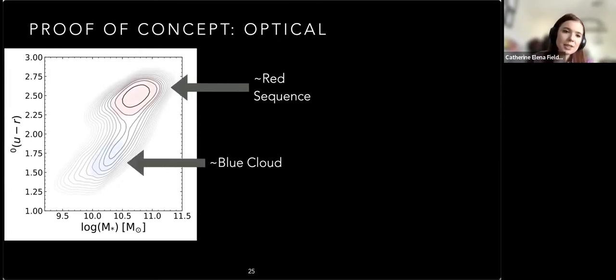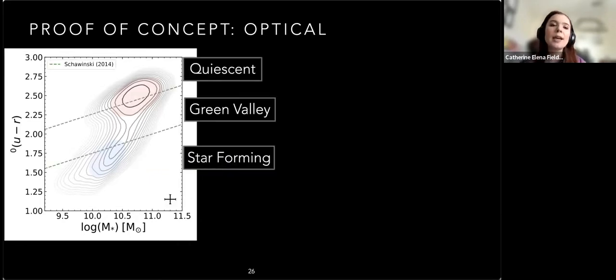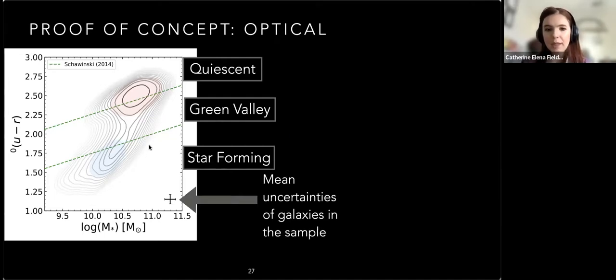For illustrative purposes, I've drawn in approximately where the red sequence and blue cloud would lie, just to help you parse the diagram. We can also draw these arbitrary lines of estimates about where star forming, green valley, and quiescent galaxies should lie in optical color space, according to Schawinski et al. 2014. This little error bar in the corner is just the mean uncertainty of galaxies in the sample.